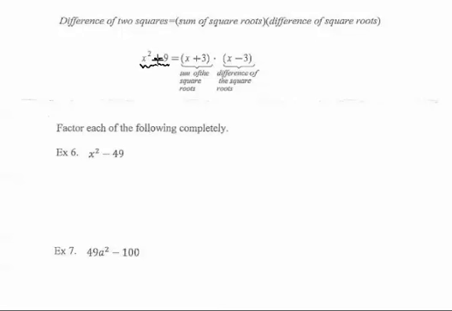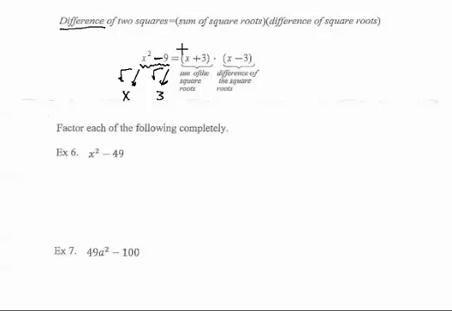So we have the difference, okay, and then you'll also notice that x squared is a perfect square, where the square root is an x. And then likewise, 9 itself is a perfect square because the square root of 9 is a 3. So this is the difference of two perfect squares.